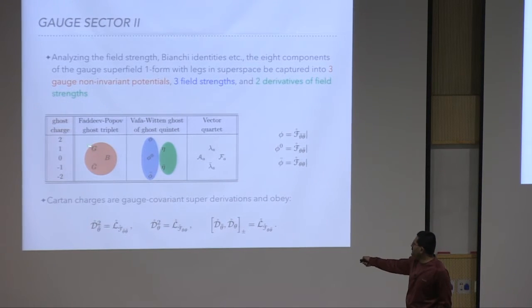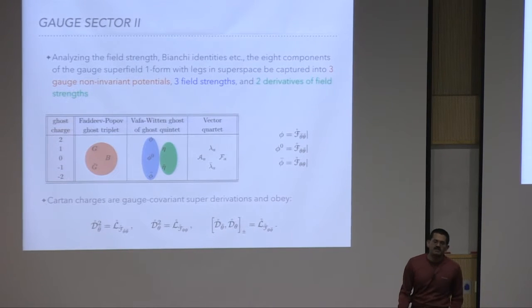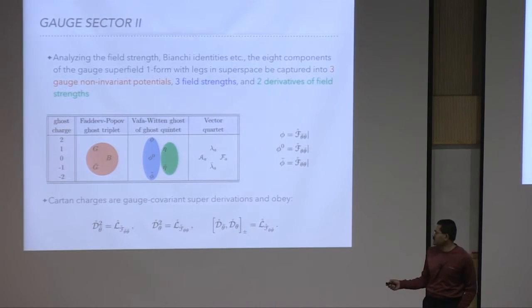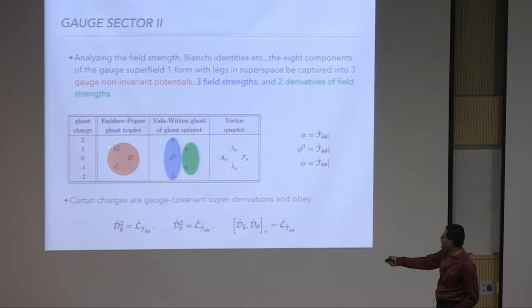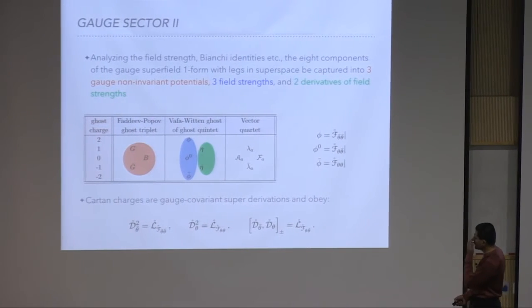G and G bar are going to be the bottom components of A theta and A theta bar, and A is a gauge potential associated with the usual gauge potential. B is a gauge non-invariant object, which you can also think of as a gauge potential, but it involves a derivative on the gauge potential, but it's an independent object.